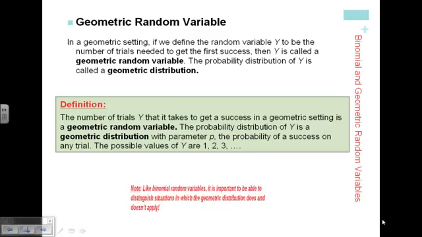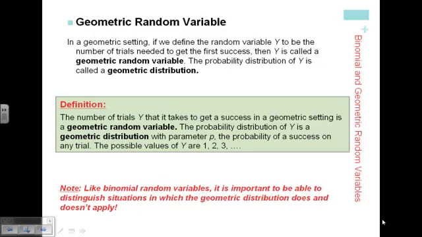Now, like we had said before, on your tests or quizzes, you're going to have a situation, and you're going to have to ask, of that situation, is it geometric or is it binomial? What's that one thing you're going to look for to discern one from the other?